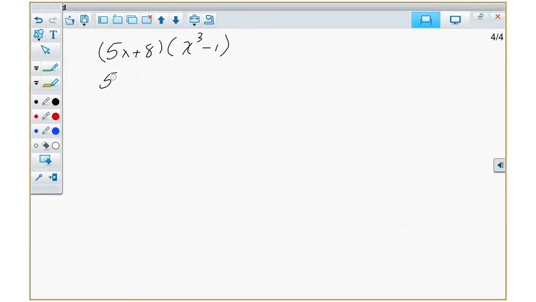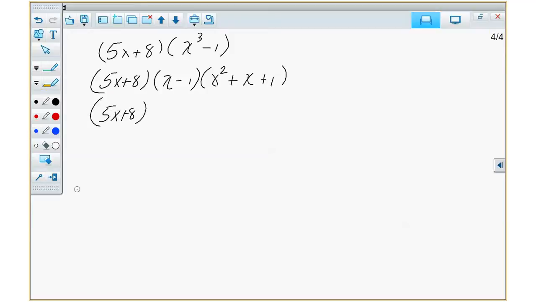So 5x plus 8 times x minus 1 times x squared plus x plus 1. What happened with x cubed minus 1 to x minus 1? Shortcut number 5 that I told y'all to learn back in chapter 1. And I told y'all if y'all didn't learn them, what would happen? You would fail life, live in a ditch. Okay, so make sure you know that one.